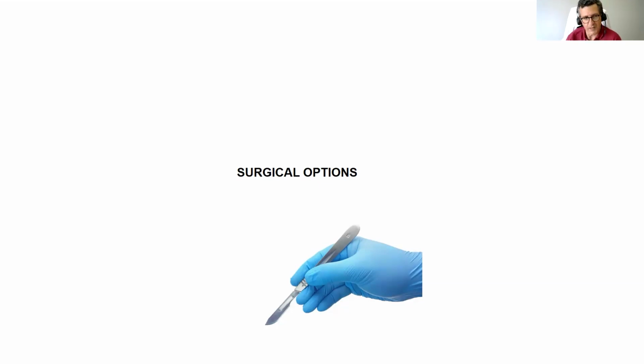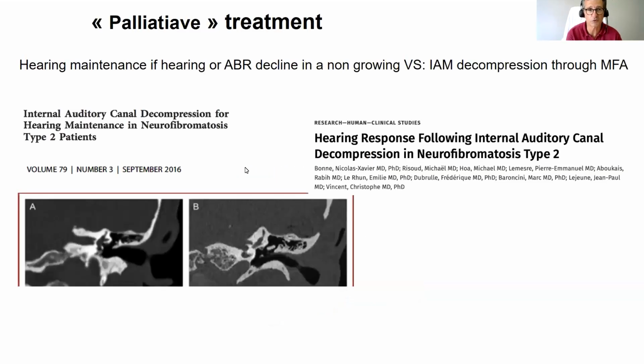I reviewed the last 2 years: I did 132 surgeries for vestibular schwannoma, 5 of them in NF2 patients. If surgery is performed, it should be performed by a surgeon very experienced in sporadic vestibular schwannoma and mostly working with ENT. This is just one remark.